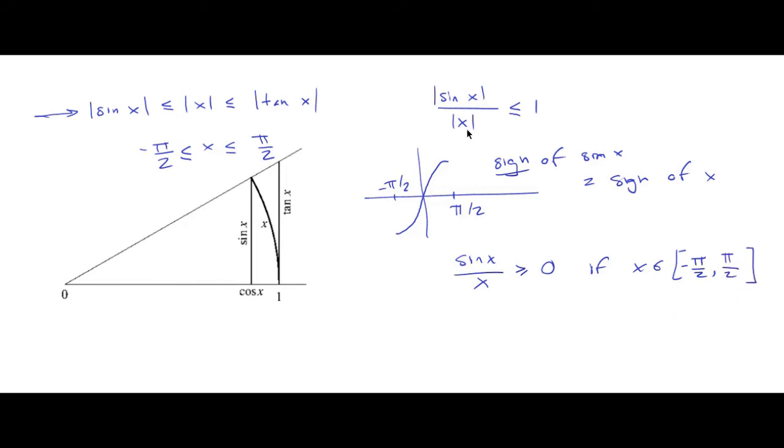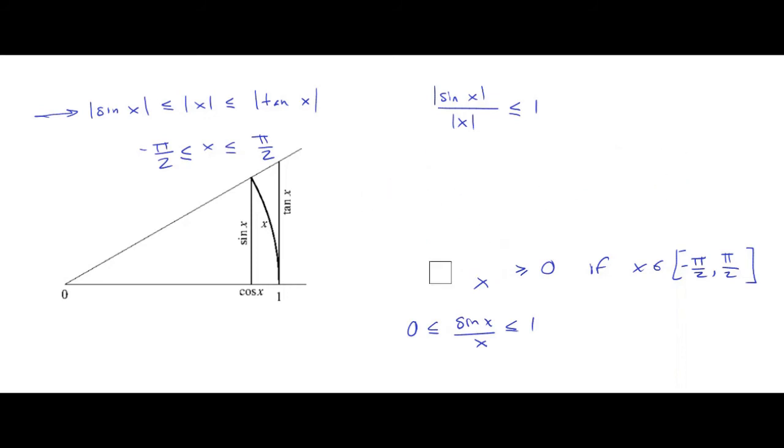So then we can combine both inequalities and say 0 is smaller or equal than sine of x over x, smaller or equal than 1, right? Okay, so let me write it like this.